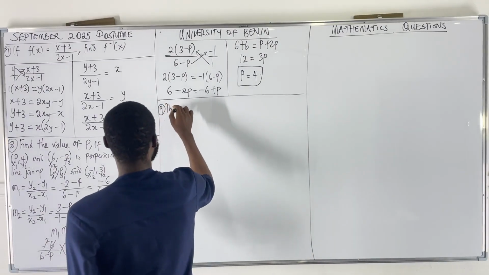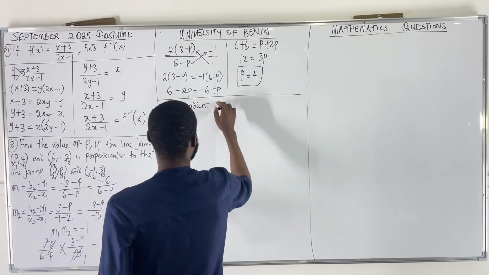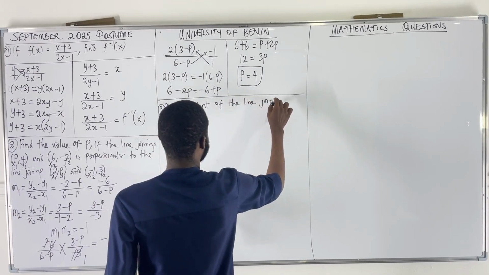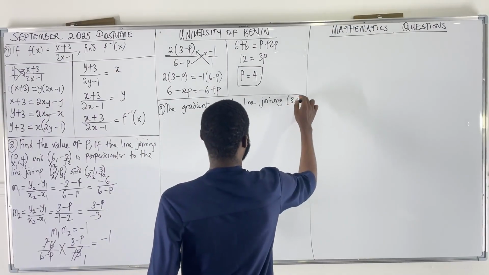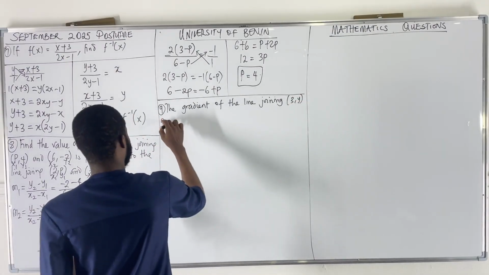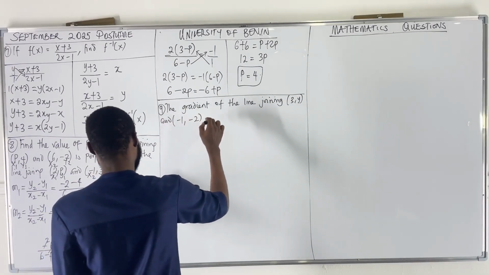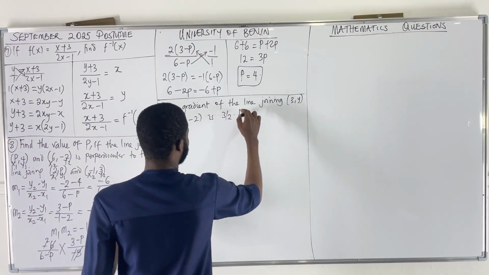The gradient of the line joining 3 comma y and minus 1 comma minus 2 is 3 over 2. You have to find the value of y.